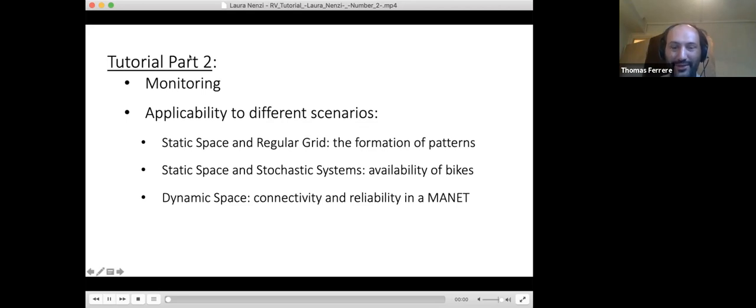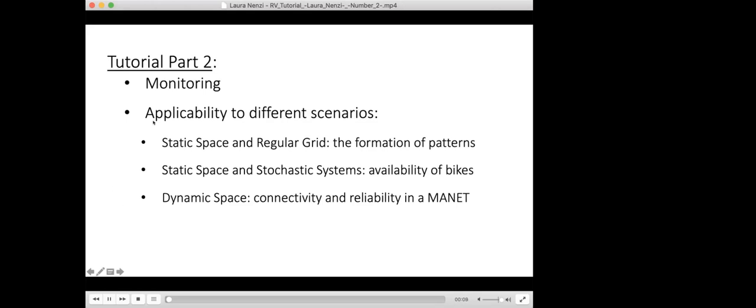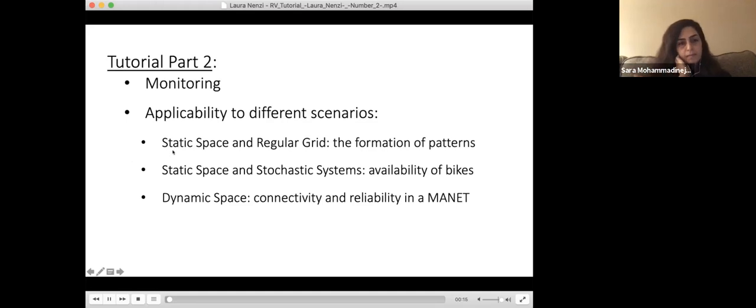Okay. So in the second part of the tutorial, we will discuss a bit about the monitoring procedure, and then we will see a number of applications of the logic to different scenarios. In particular, we will see 3 different scenarios.